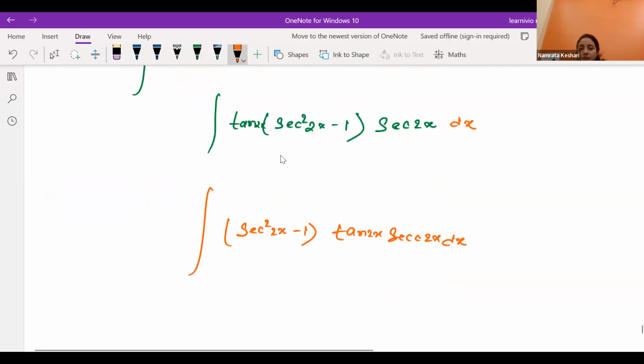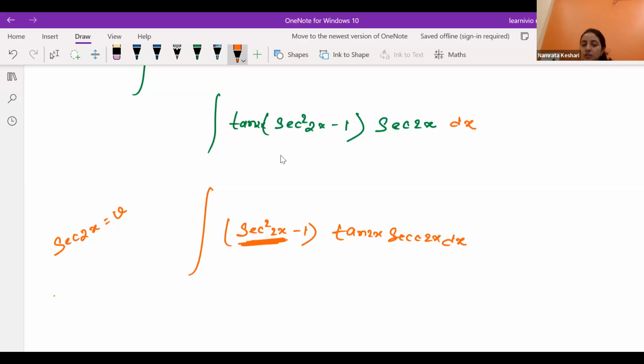Yes. Okay, if we take this sec 2x as a u substitution, then after the derivative, what will we be getting, Annapurna? We're only taking sec 2x as u.